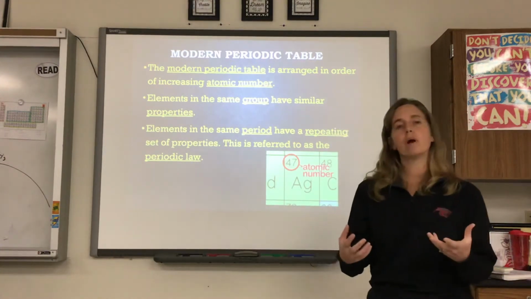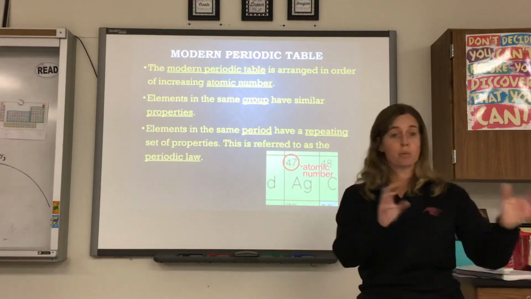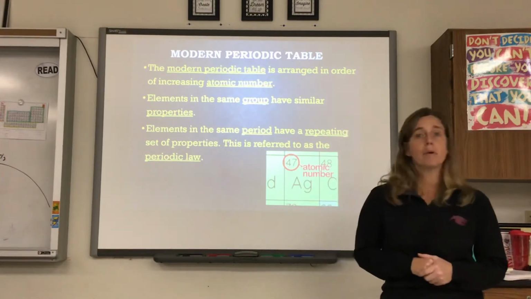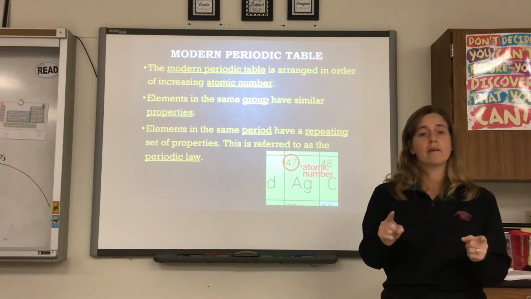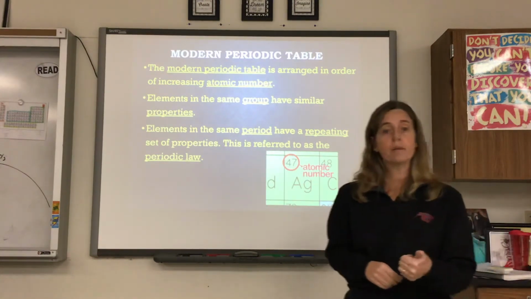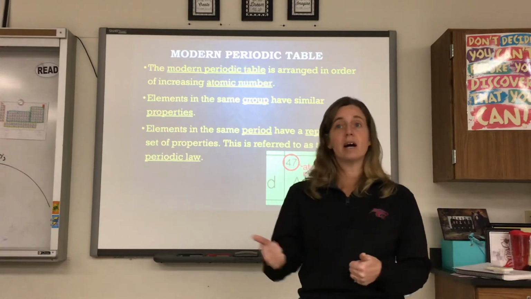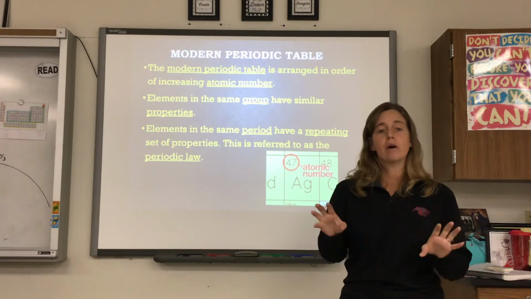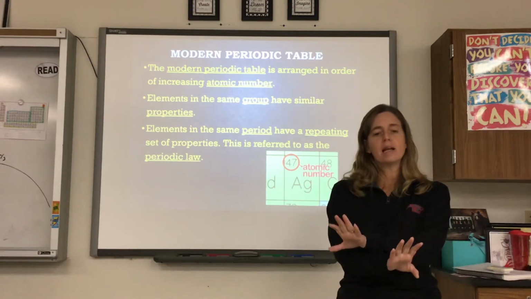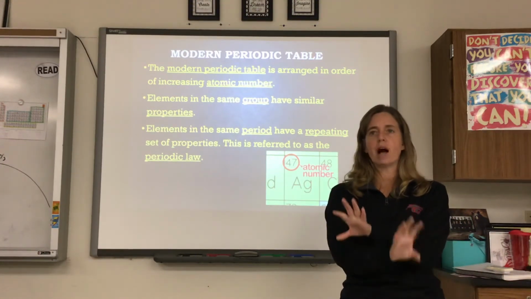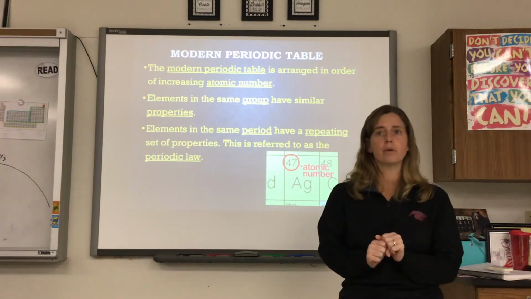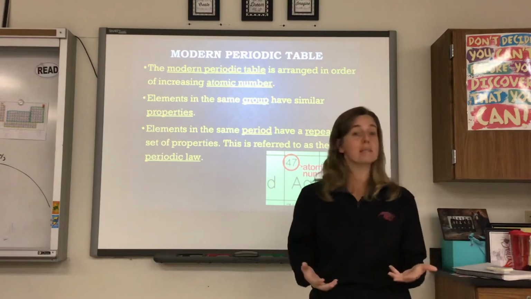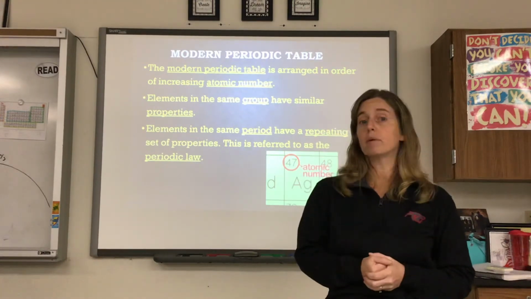Well, what happened was, as Mendeleev was arranging this table in order of atomic mass, there were a couple of elements that flipped, such as tellurium and iodine, Te and I. When he was arranging them by atomic mass, he noticed that they were flipped. But then as he started studying the properties of iodine and the properties of tellurium, he saw that there were some things about their properties that didn't make sense based on the column that they were located in.